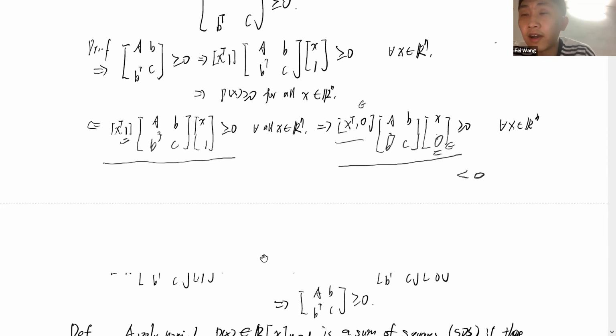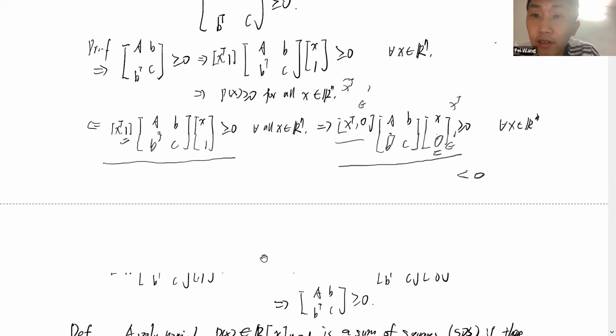Therefore I can scale this epsilon by some very large number so it becomes 1. So eventually I will have something like 1 and x transpose here, and x1 transpose 1 times a b transpose c times x transpose 1 is strictly negative.